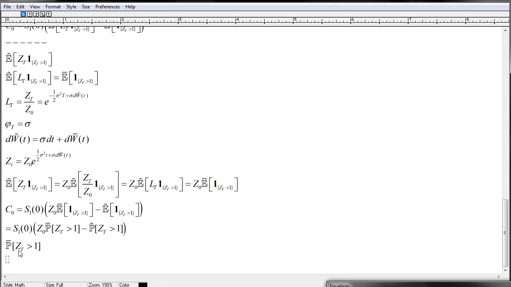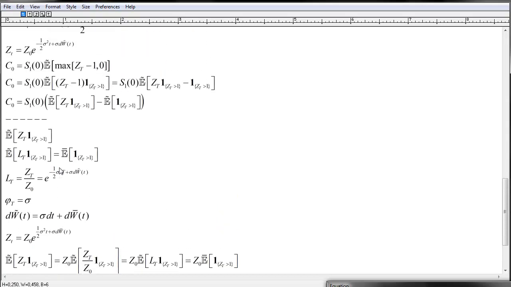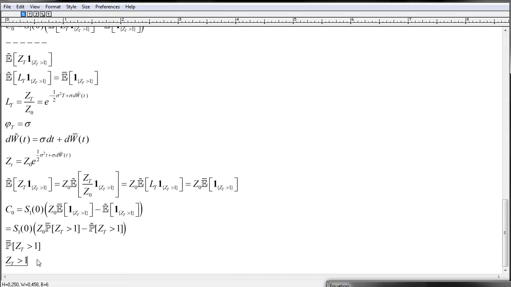So z of t being greater than 1 is the same under this measure as if this expression is greater than 1.